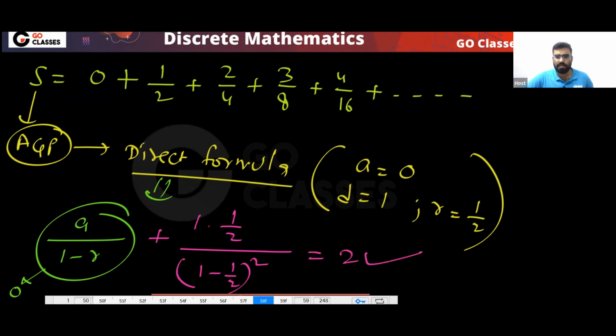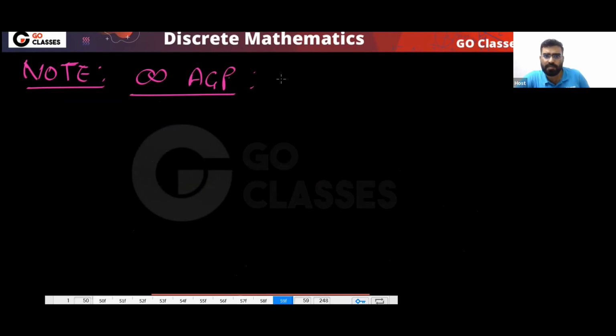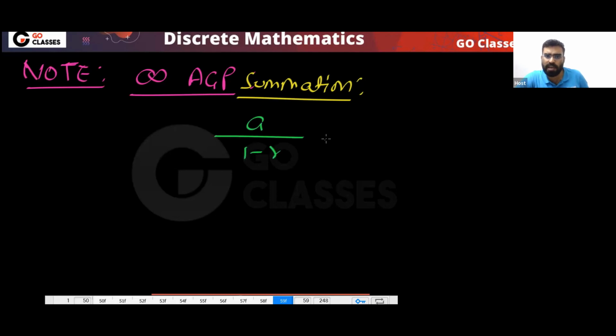Is this clear? Please note this: if you want to directly apply the formula for an infinite AGP, the summation of an infinite AGP is A upon 1 minus R plus D R upon 1 minus R square.